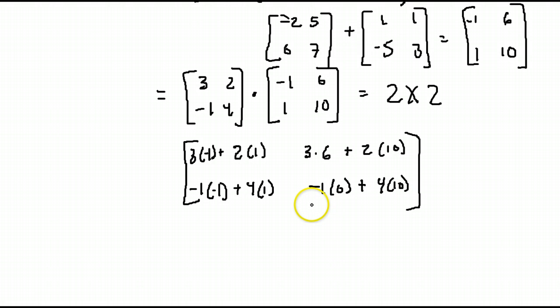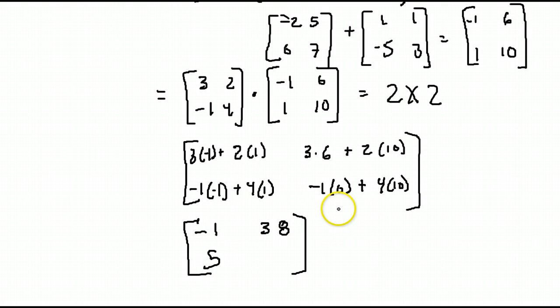And the last step is to simplify these. The first element is 3 times -1 plus 2 times 1, which becomes -1. The second element is 3 times 6 plus 2 times 10, which gives us 38. And the second row, we have -1 times -1 plus 4 times 1 gives us 5.